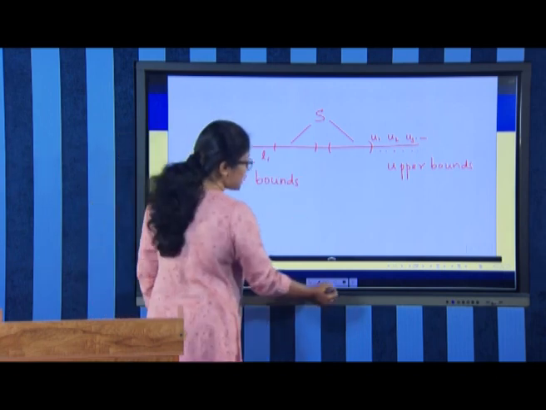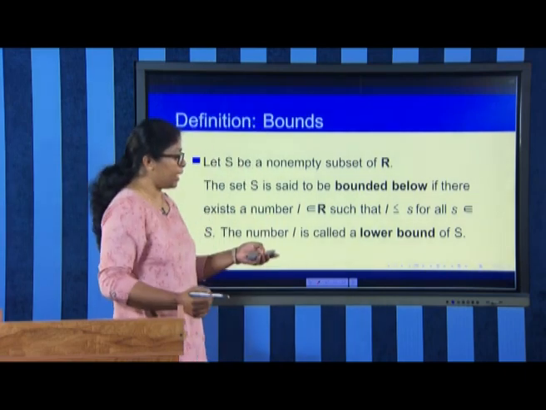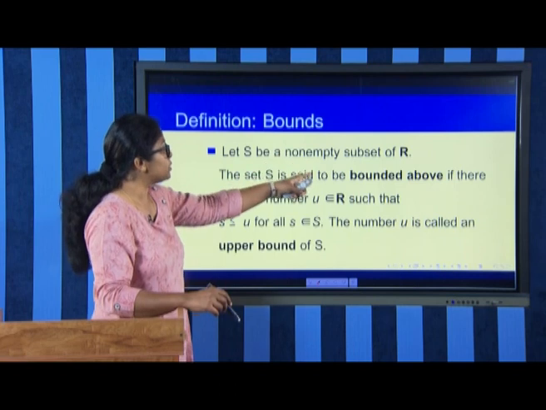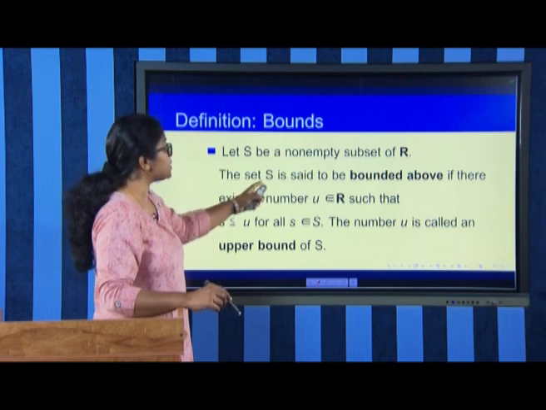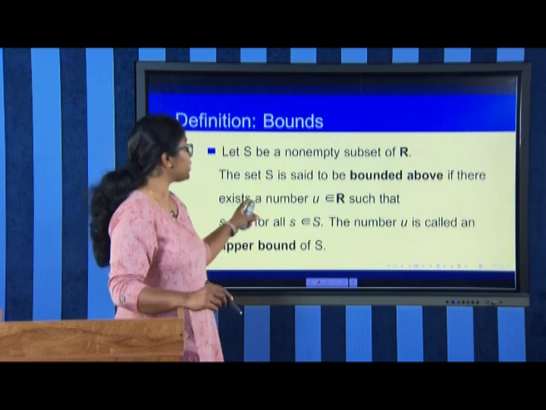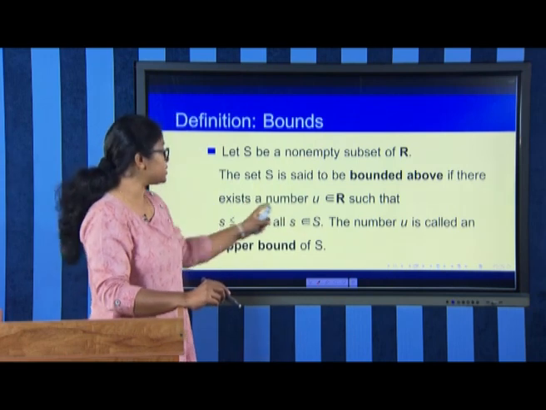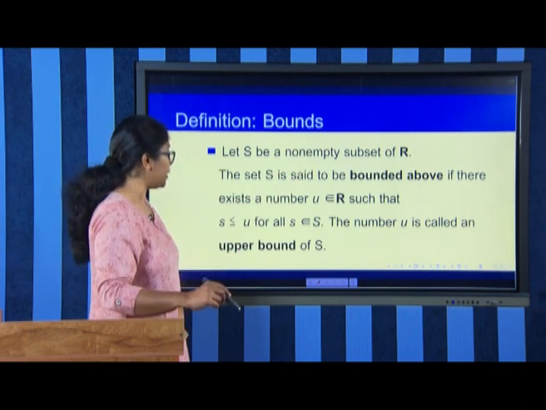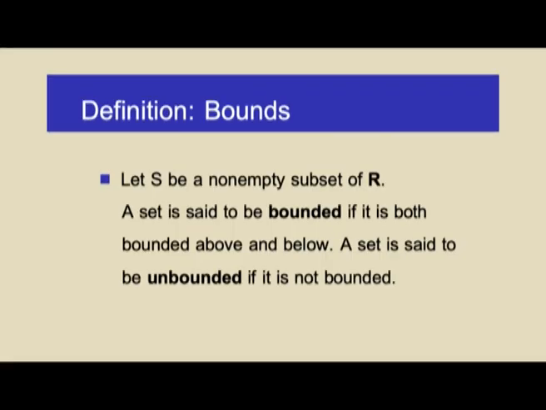So, these are precisely what is said in the definition that we have seen so far. A non-empty subset S is said to be bounded from above if there exists a real number u such that every element of that set S is less than or equal to u, and a set S is said to be bounded if it is both bounded from above as well as from below, and is said to be unbounded if it is not bounded.